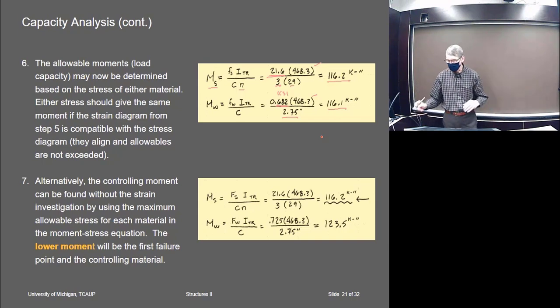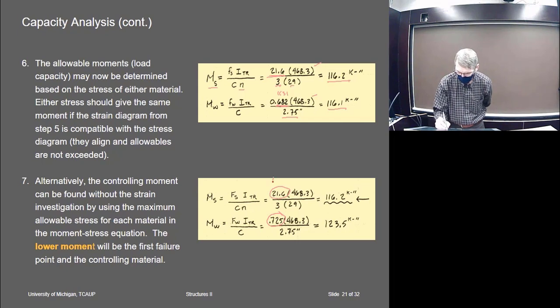Now, you could do this another way, rather than going through, although it's loads of fun, doing the strain diagrams and the strain compatibility and calculating the stresses based on the strains. You don't really have to do that. You could simply put the maximum in for each of these.